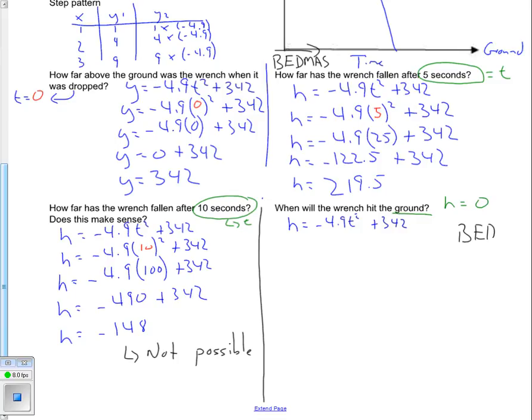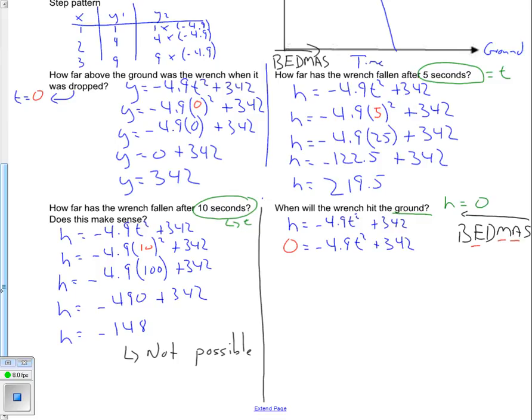We're going to go in reverse. We look to see if there's any addition or subtraction to get rid of first. We have some addition to get rid of, some multiplication, and then some exponents. So I'm going to write this out and substitute in my value for h. 0 is equal to negative 4.9 t squared plus 342.